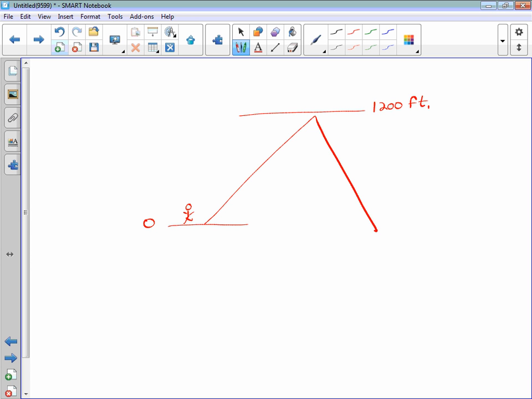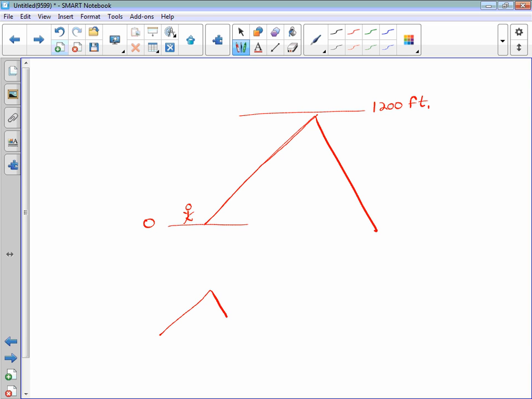At some point, are you at 800 feet? Yep. Are you at 600 feet? Are you at some point at a number between 0 and 1,200, right? Because you have to walk on a continuous path all the way up to 1,200 feet. That's what that's saying, is that you can't skip a y value if you're on a continuous path like this.